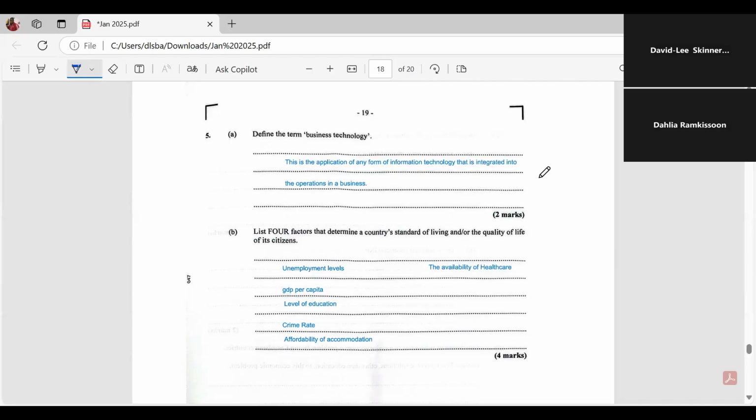The availability of healthcare, the availability and the level of education, the crime rates, how affordable accommodation is, the GDP per capita, which is the amount of income on average each person makes, or the value of all the products in a country, stuff like that, right?